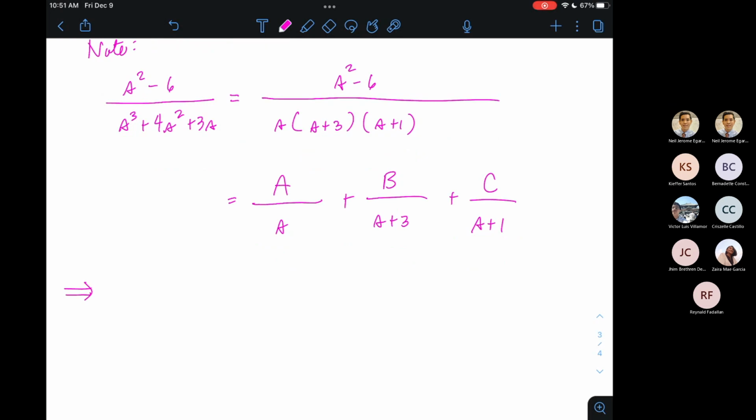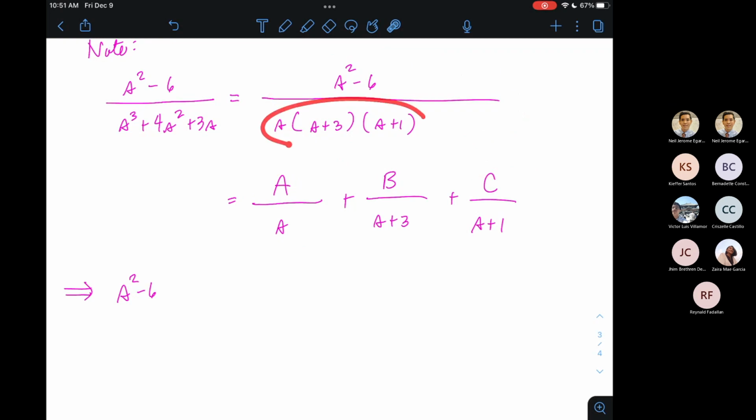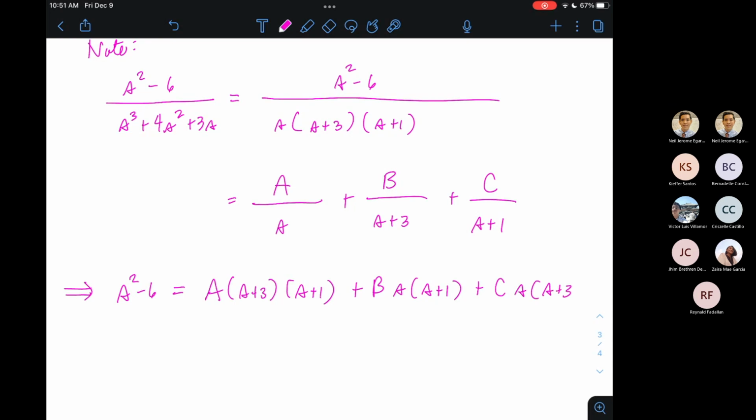So I'll have an S squared minus 6. I-multiply ko sila both sides by the denominator para lang mawala yung denominator. So I'll have, this would be A times S plus 3 times S plus 1. Then I'll have B times S plus 1. And then plus C times S plus 3.